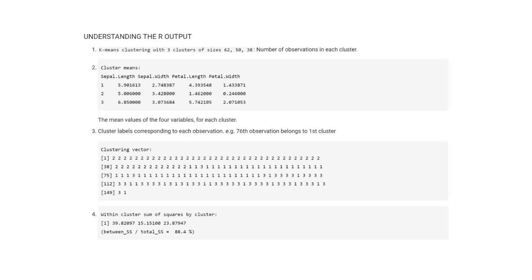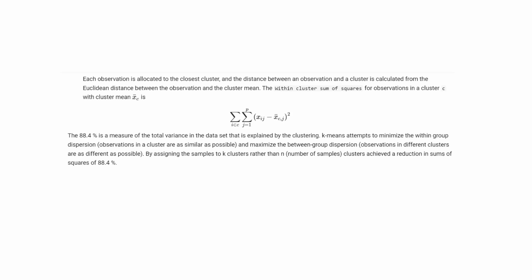Next we have the within cluster sum of squares by cluster. This is the within cluster sum of squares for each of the different clusters. Each observation is allocated to the nearest cluster, and the distance between an observation and a cluster is calculated as the Euclidean distance between the observation and the cluster mean.